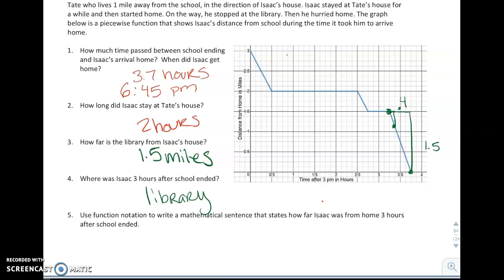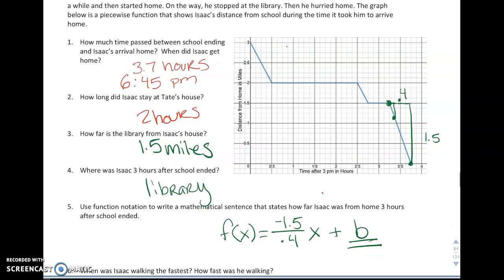So I'm going to use function notation. F of x equals negative 1.5 over 0.4 x plus I need a b. We're going to go over how to get that b tomorrow in class.